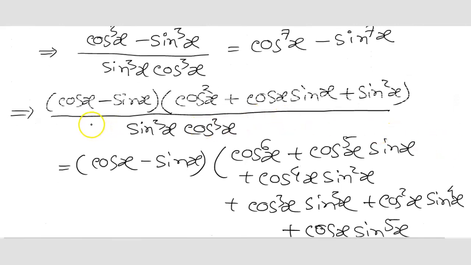The two cases are: if cos x minus sin x is non-zero, then we can eliminate these two things. But if cos x minus sin x is 0, then the whole thing is 0, so we can't cancel it out. So we have to make two cases of this problem now.